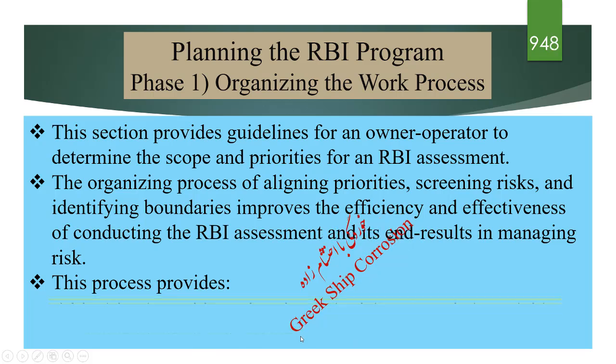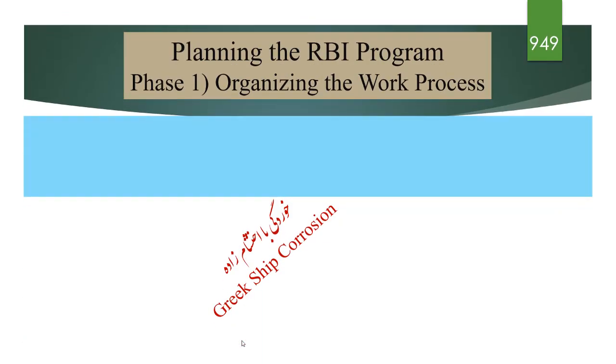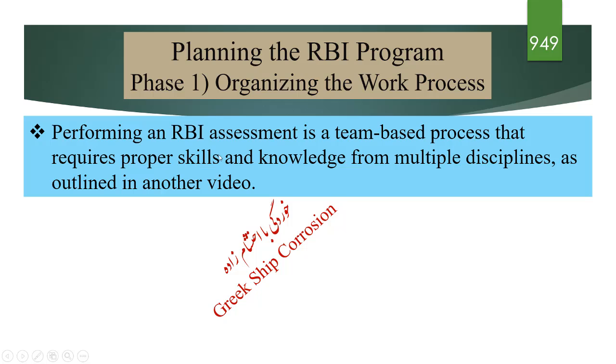And C. Identification of boundary limits to determine what is vital to include in the risk assessment. Performing an RBI assessment is a team-based process that requires proper skills and knowledge from multiple disciplines as outlined in another video.